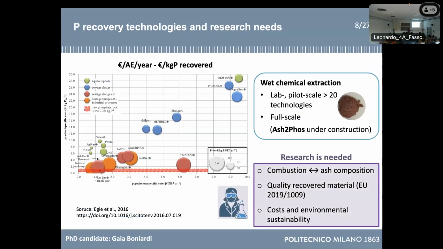The combustion process, so the mono-incineration, is not optimized. We need to optimize it in view of phosphorus recovery because it affects the composition of the ash. We can still increase the quality of the recovered material, and we can improve the cost of the process and the environmental sustainability of the recovery.